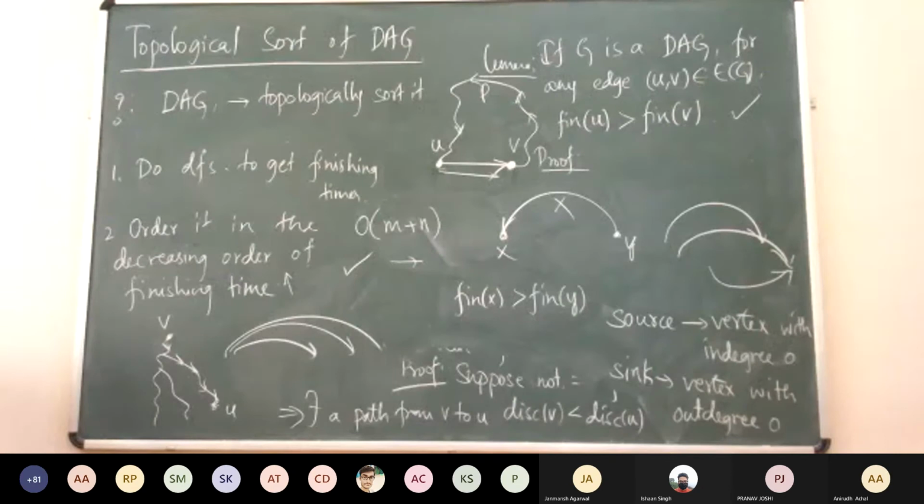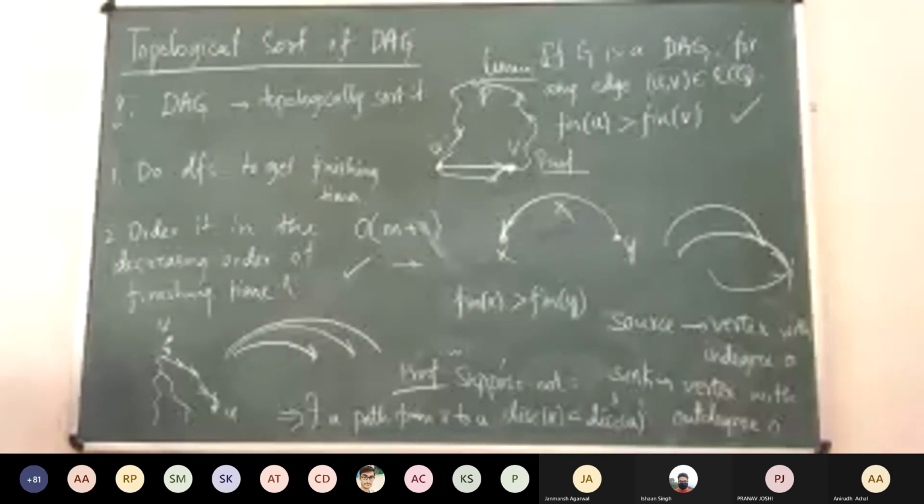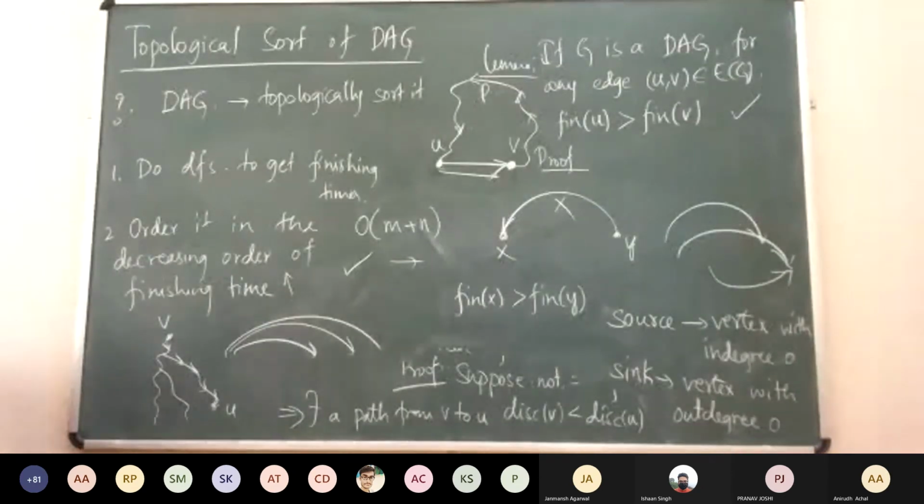Now, is it true that a DAG always has a source? Yes, sir. A DAG should always have a source, right? Does it always have a sink? Yes. The questions are equivalent actually, in a way. If you just reverse the direction of the arcs, a source will become a sink and things like that.